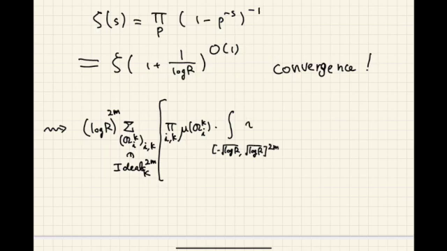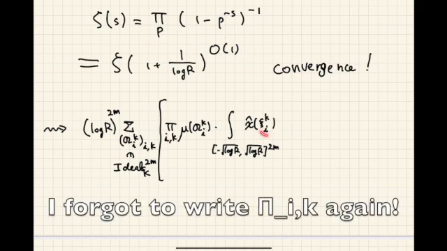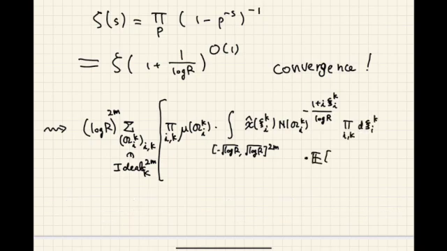I write this as an integral over a 2m-dimensional domain, and I prepare the copies of the variable psi indexed by I and k, and the average of the indicator function. So this is the quantity that our theorem computes.